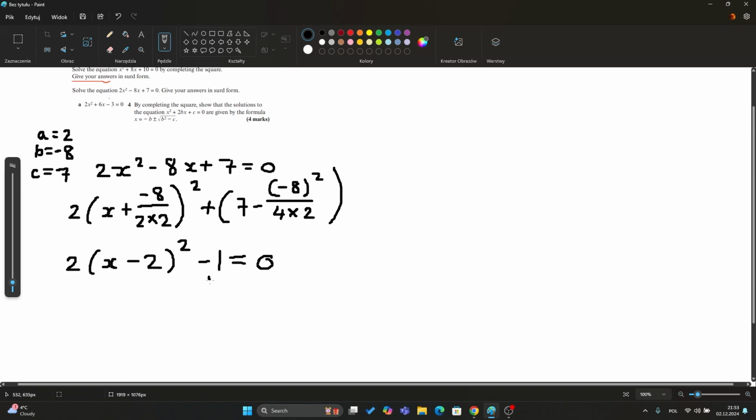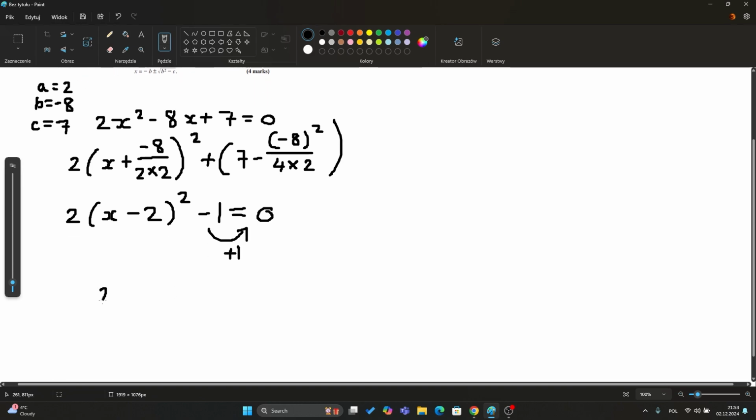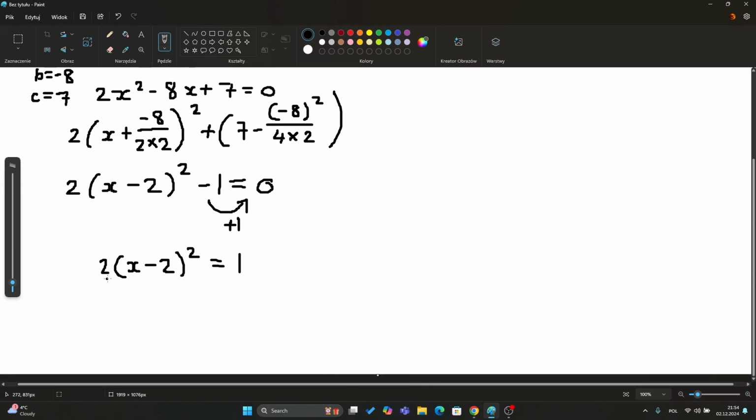First of all, we put this to the other side, so 2 times x minus 2 squared equals 1. Then we divide both sides by 2. That means we get x minus 2 squared equals a half.